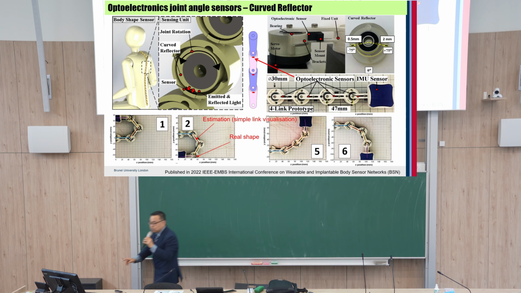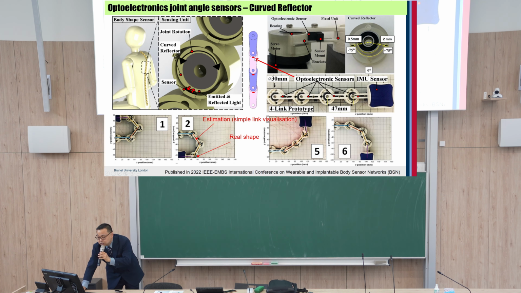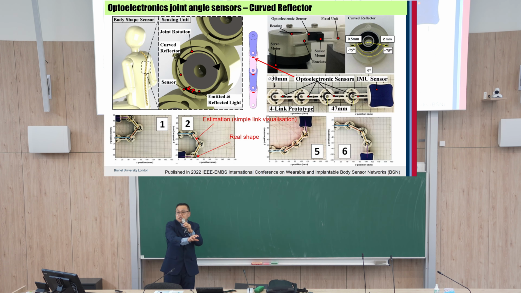This sensor can measure this link's angle. This sensor can measure this link's angle. This optoelectronic sensor can also measure this blue link's angle. So we put them together serially.